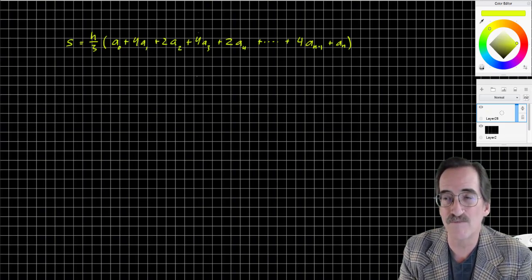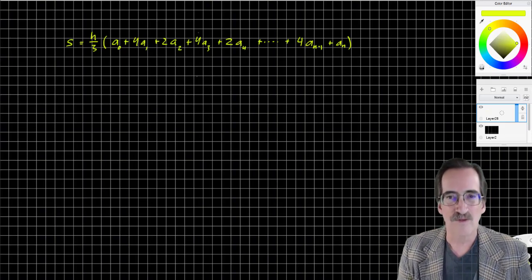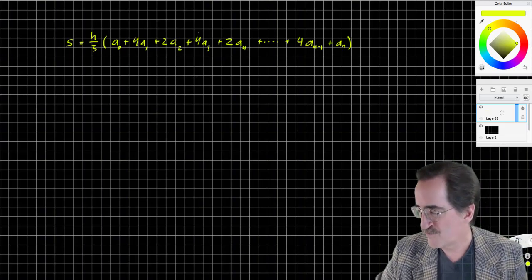In our example in our previous video, it came out exactly the same, though I'm quite certain that the shape of the parabolas does not match exactly the shape of the function. It's just that the losses and gains canceled each other out and ended up being the same answer.